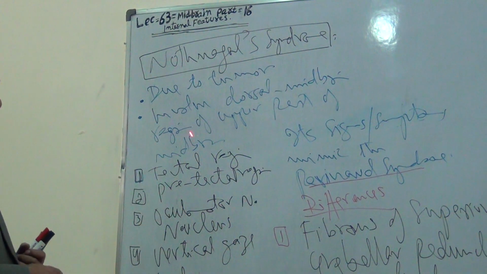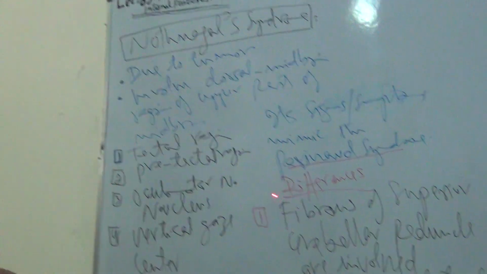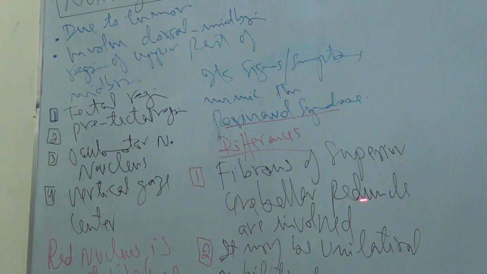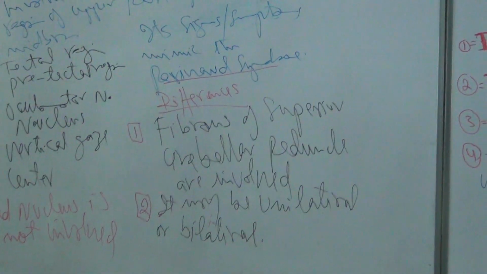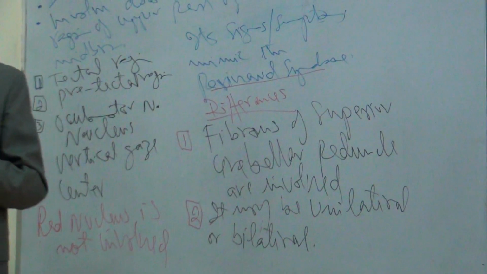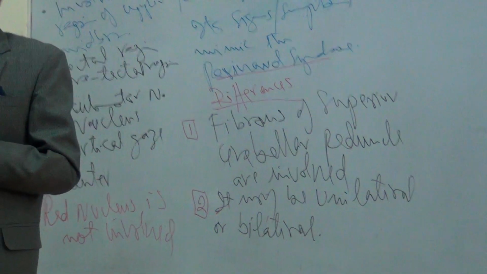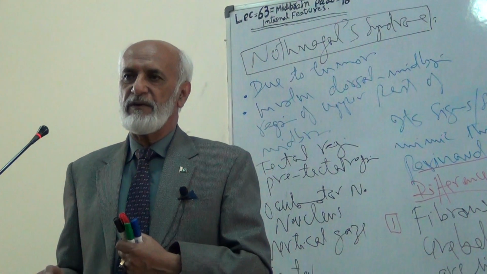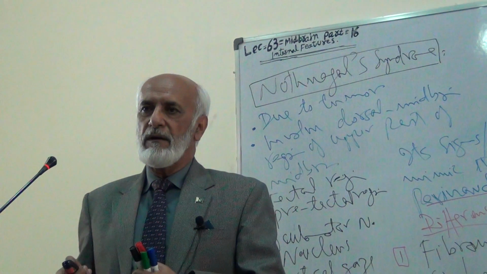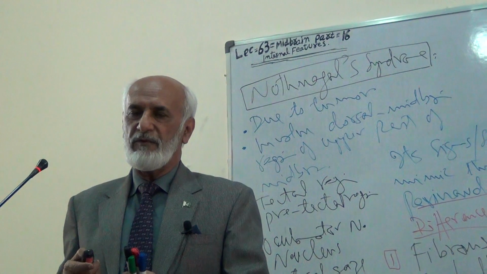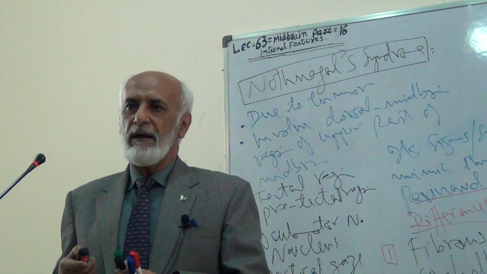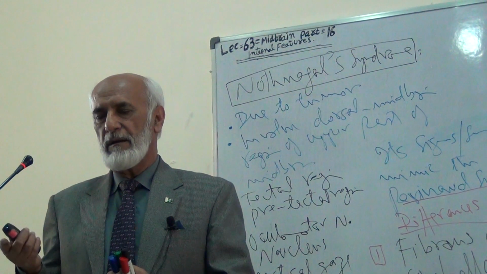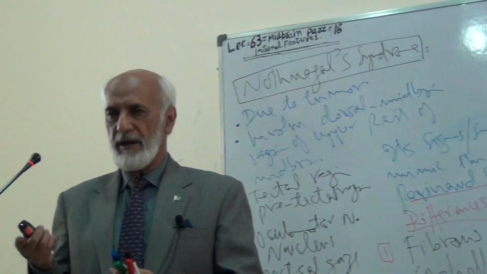Does the lesion involve the superior cerebellar peduncle also? The lesion involves the superior cerebellar peduncle. You know, the right superior cerebellar peduncle connects the right cerebellar hemisphere with the left red nucleus, while the left superior cerebellar peduncle connects the left cerebellar hemisphere with the right red nucleus.